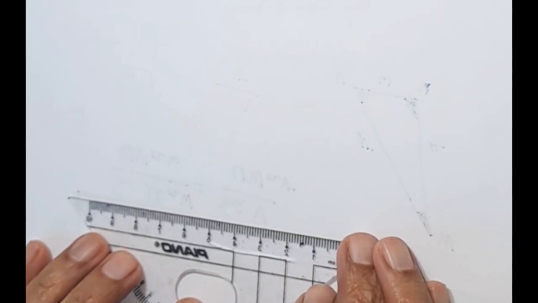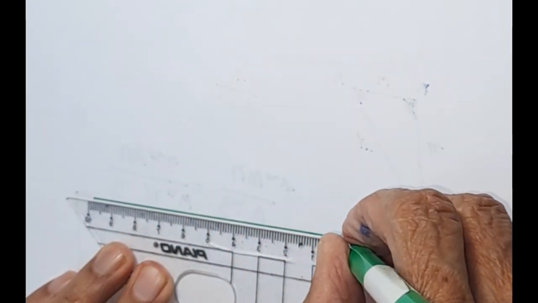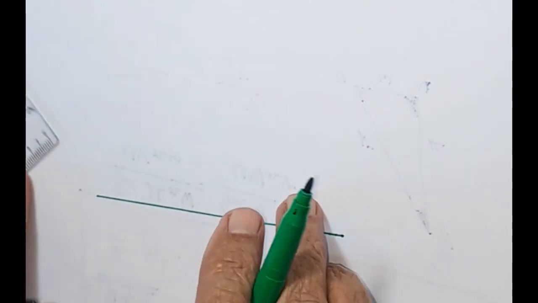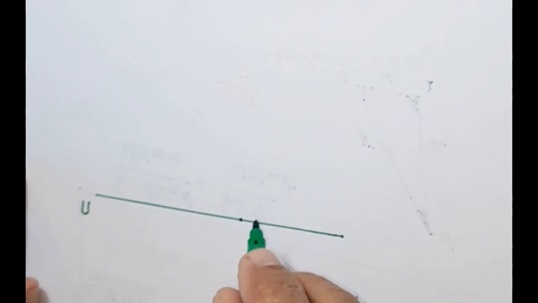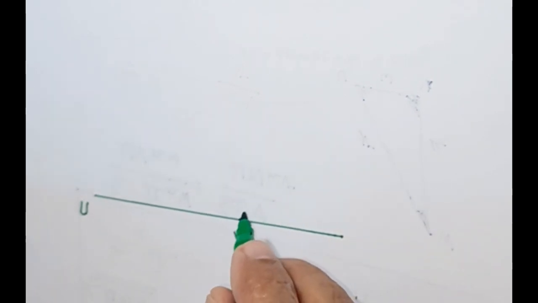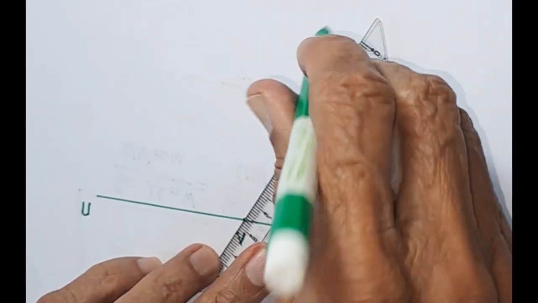For example, this is the x-axis, and this is point U from the question, and this is, let's say, point V from the question, and the angle 125 degrees is this one.